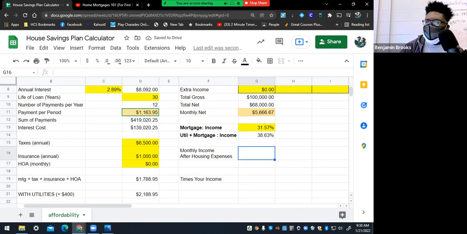So your monthly income after housing expenses, basically, you can think about it like this. You're going to take your monthly net income and multiply it by 1 minus your mortgage with utilities, I think is probably what he's using. So equals monthly net times parentheses 1 minus your mortgage with utilities.